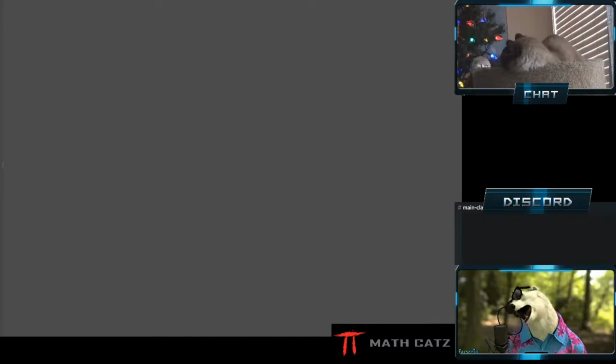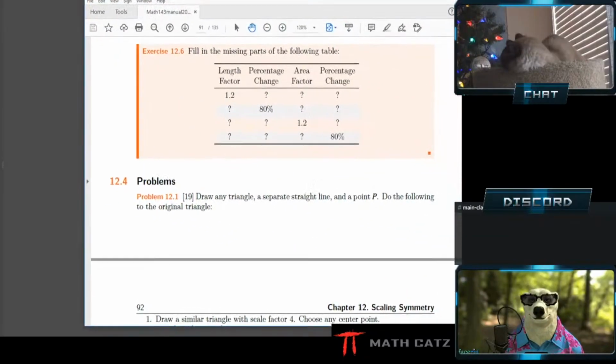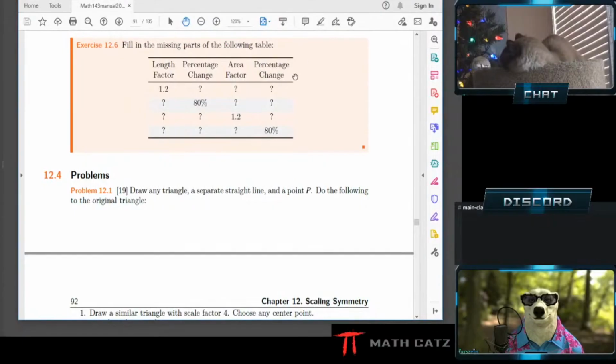Now, last time I asked that you look at, if you want to, exercise 12.6, where we just look at all the different combinations of what information can be given, what information I might need to find, and how I would do that.